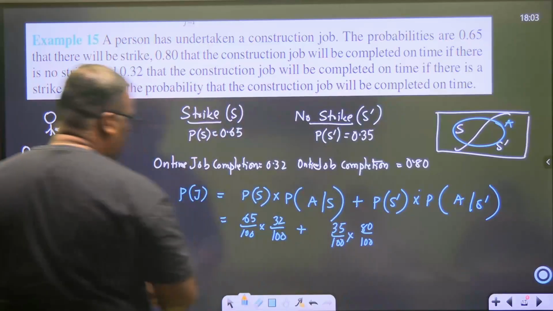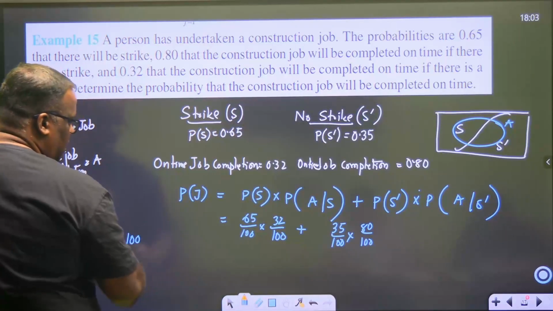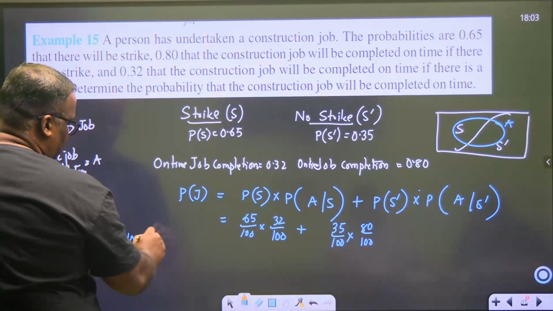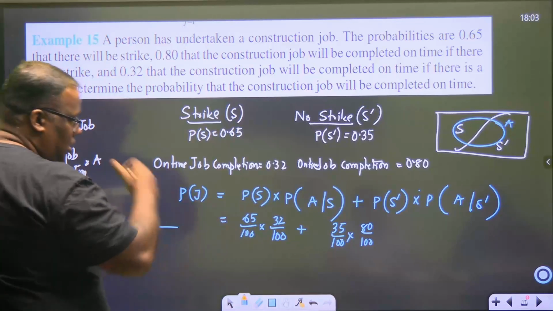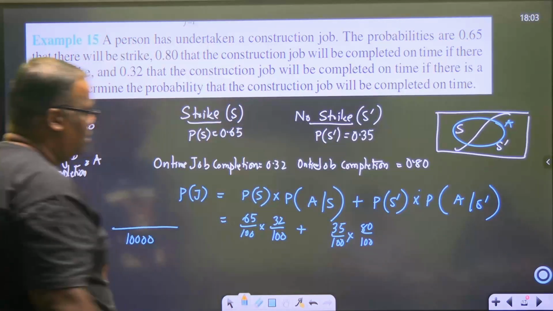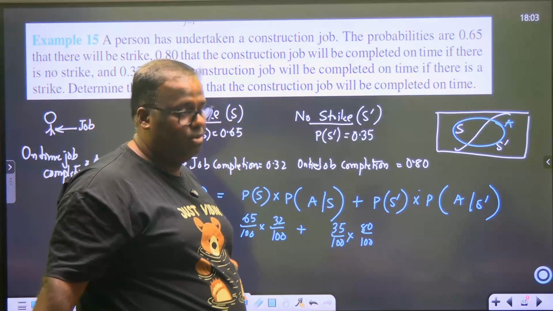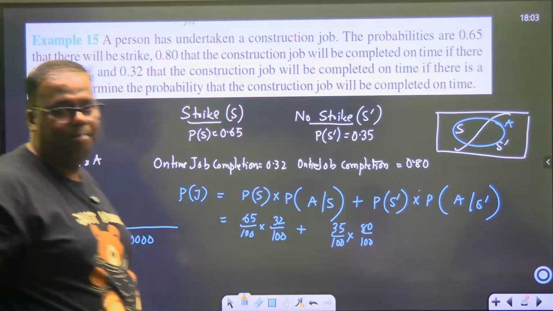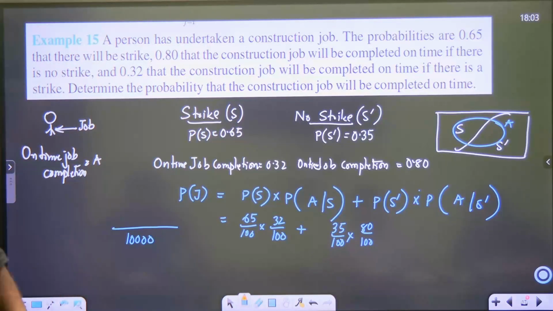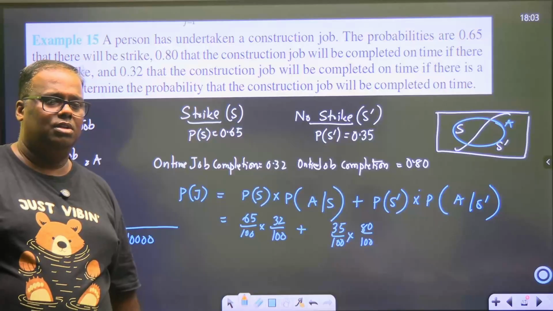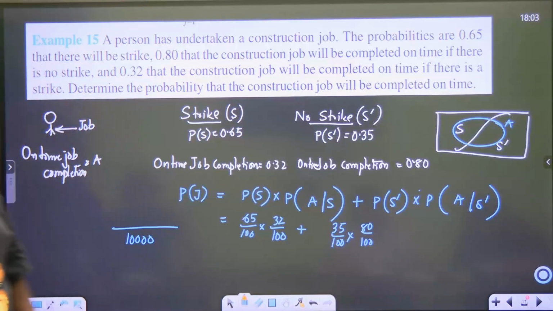So how much does the whole problem come to? 100 can be taken as the LCM, 100 into 100, then you do 65 into 32 plus 35 into 80, and the answer is 0.488. Yes, correct answer. This is also an example, 0.488.